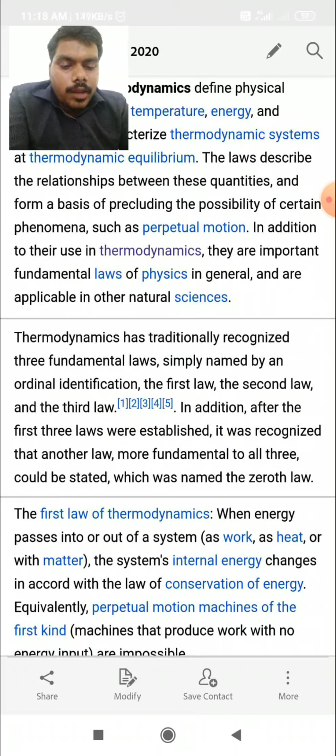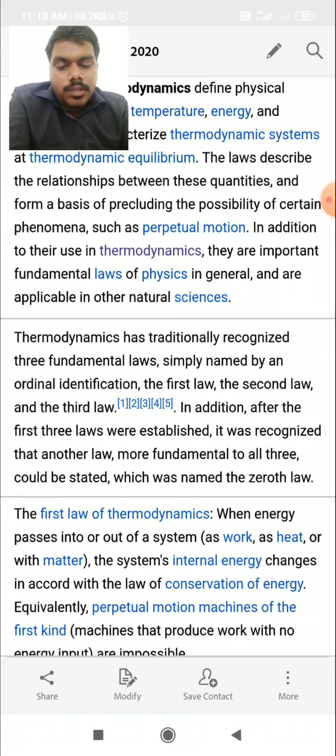So what is thermodynamics? Thermodynamics is the study of heat in which heat can be transferred into useful energy or work, in the form of work.